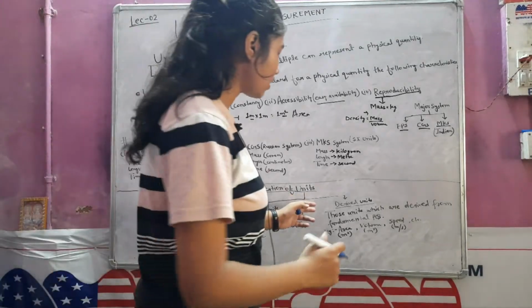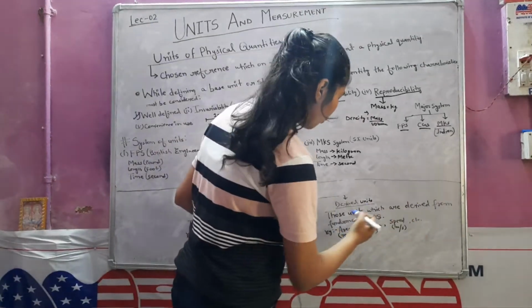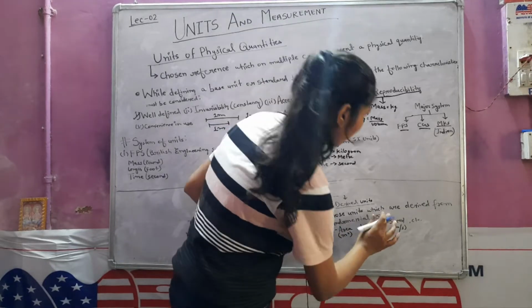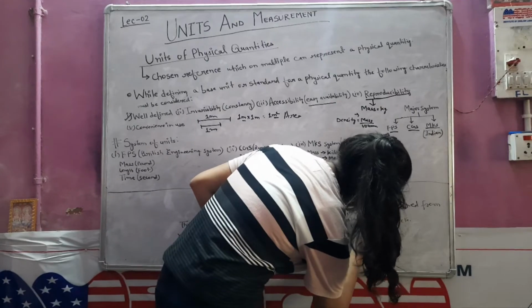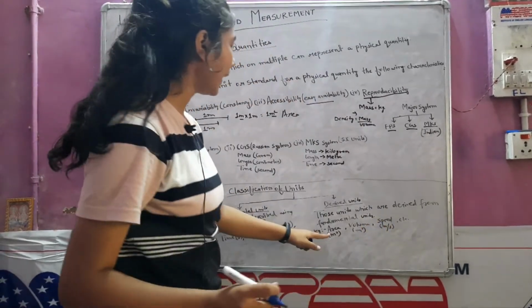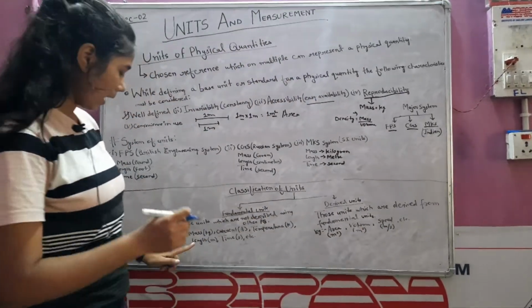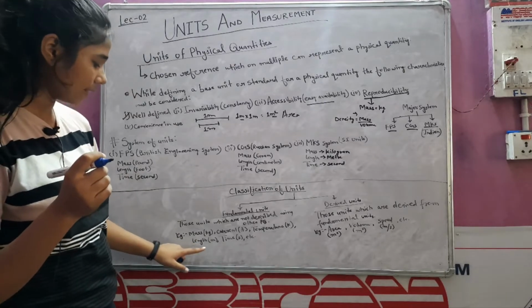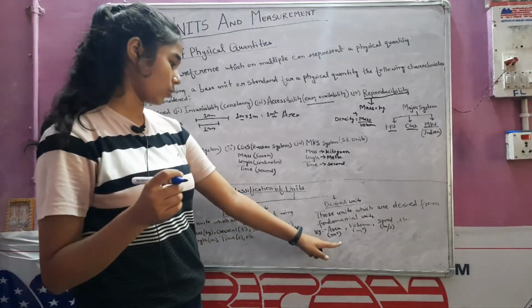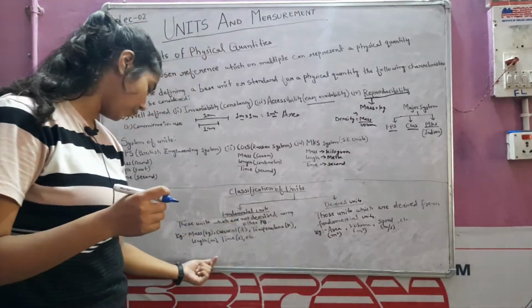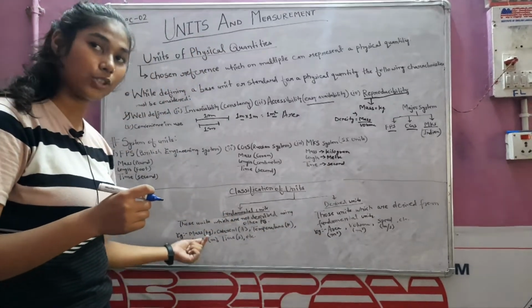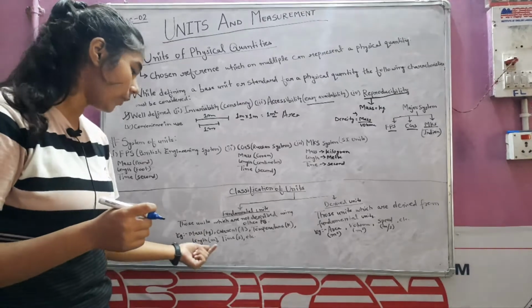Now derived units are those units which are derived from fundamental physical quantities' units. Area is meter square. I have shown that length is meter and area is meter square, which means the unit of area has been derived from the unit of length, a fundamental unit.